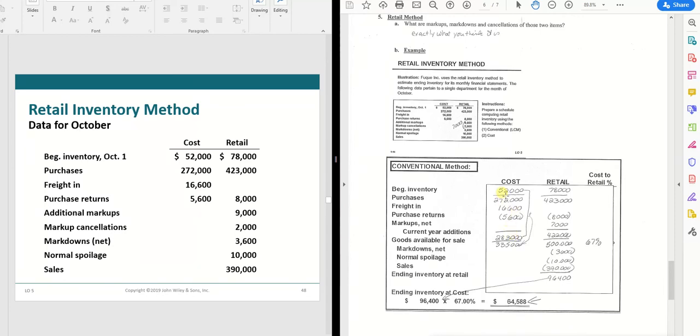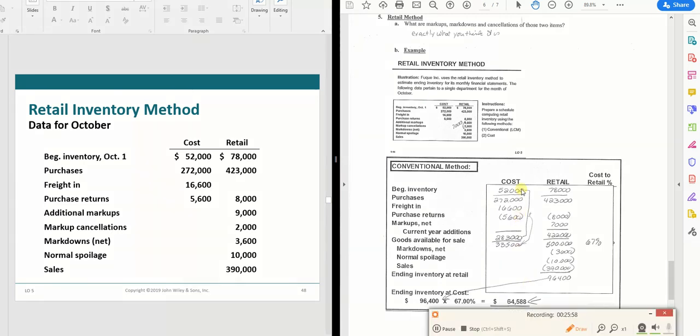So beginning inventory plus purchases gives us available for sale. So my 335 is my available for sale. All right, so for my retail, I have my 78,000 plus 423. Now purchase returns should be a subtraction, so they're 8,000. Additional markups.